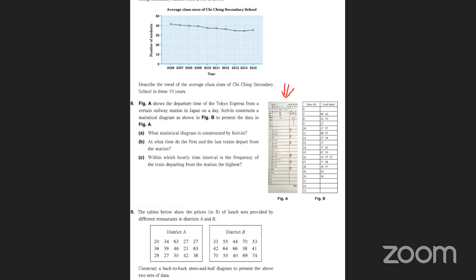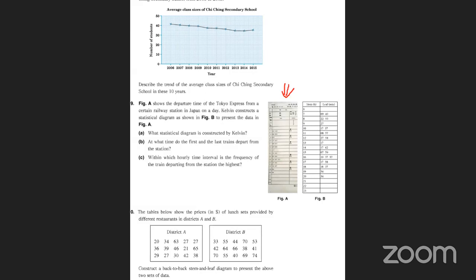It shows the departure time of Tokyo Express from a certain railway station in Japan on a day. Departure time means the time when the train leaves the station. Departure has a similar meaning as leaving.